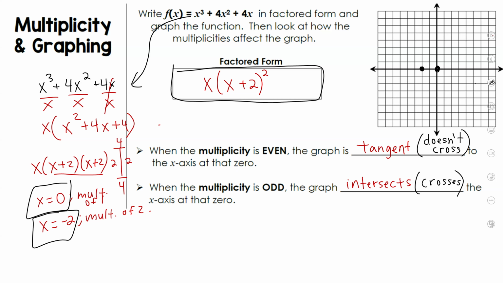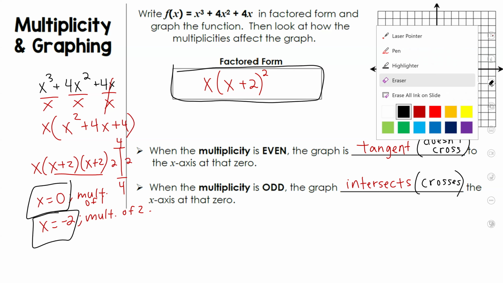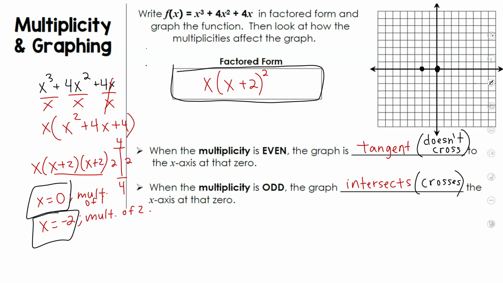Now, something that you had to remember from last unit. You see that this is a degree 3 polynomial? Everyone draw in the air. What should it look like? Exactly. Do it again. There we go. That's how it should look. X cubed looks like that.